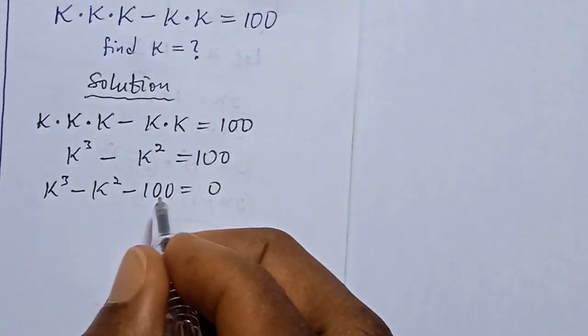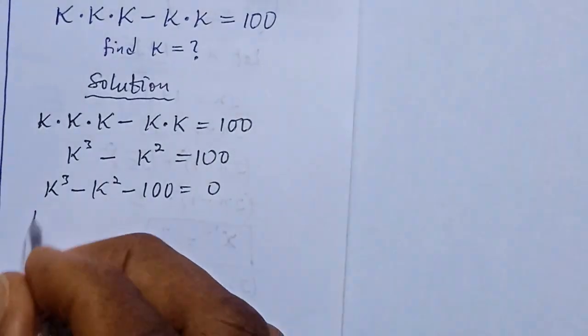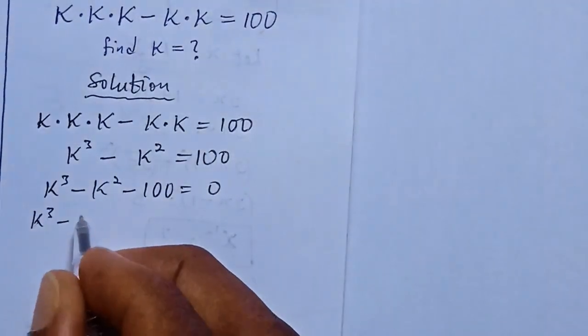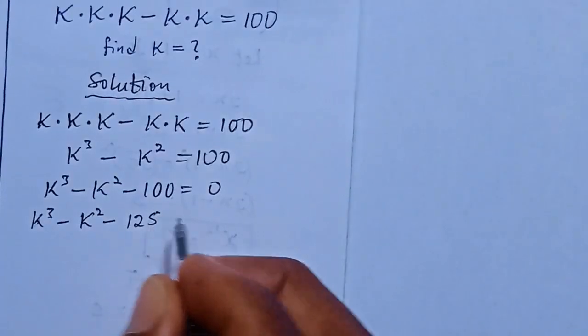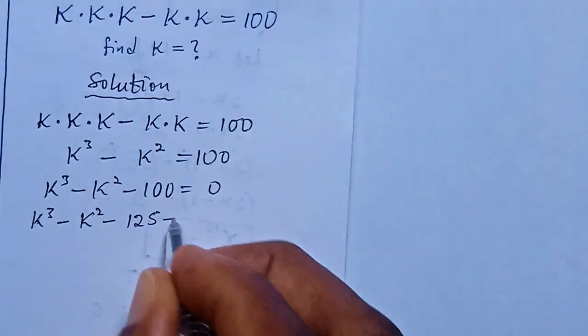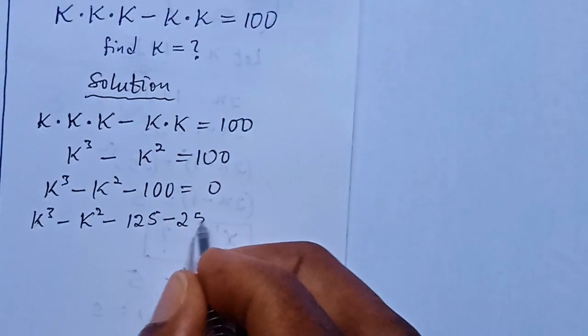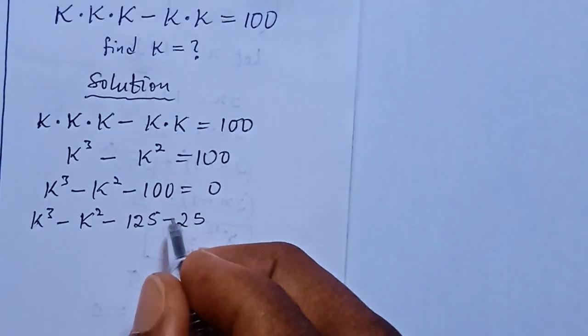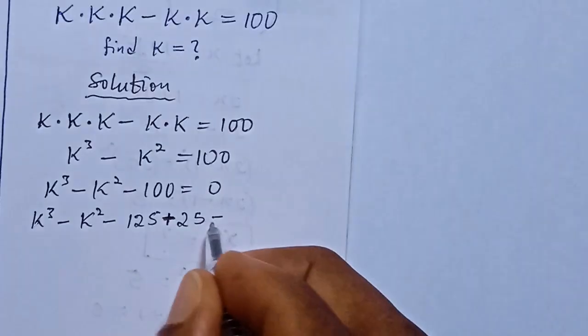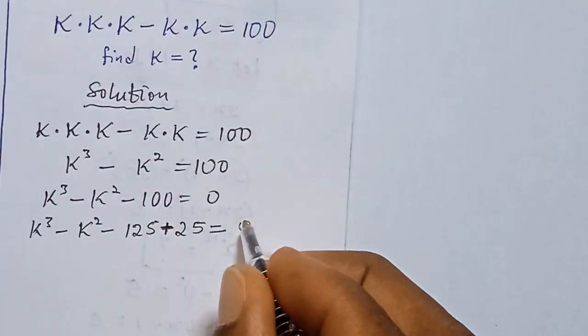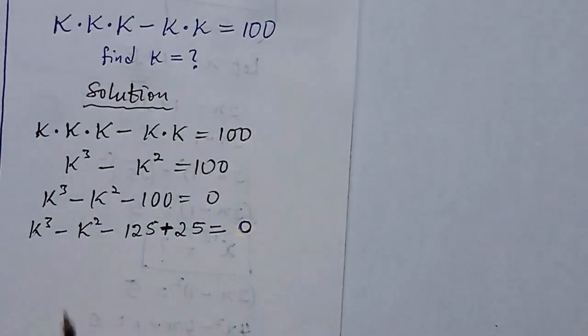So this 100 can be written as minus 125 plus 25, so we have k cubed minus k squared minus 125 plus 25 equal to 0.